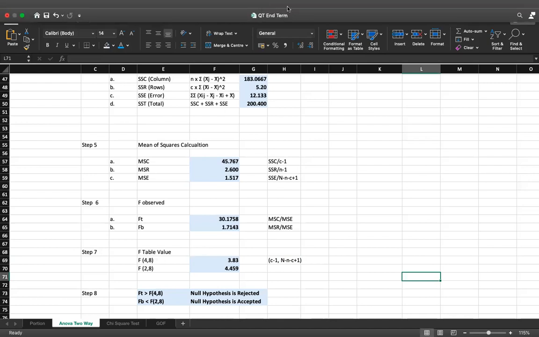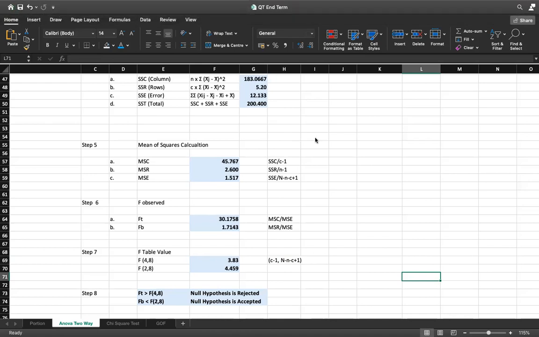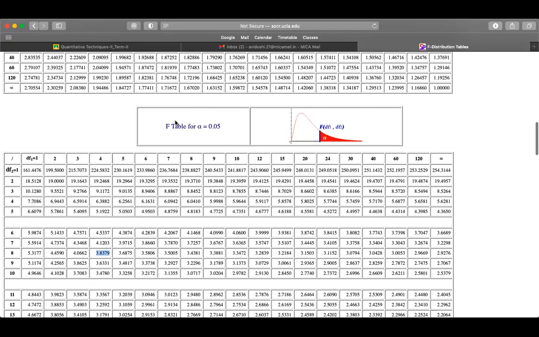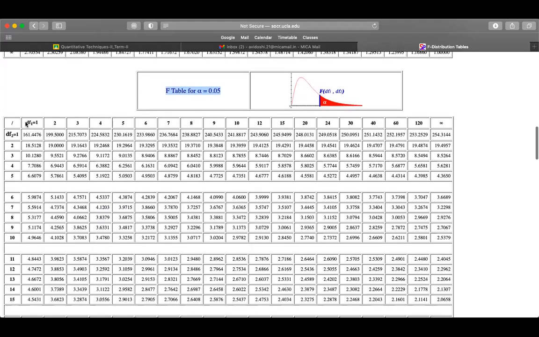Now you will have to check the F table value. So your F table will look like this. You will have to find the F table for alpha equals 0.05. So we need to find for F4,8. My first degree of freedom, DF1, is 4, and my second degree of freedom is 8.